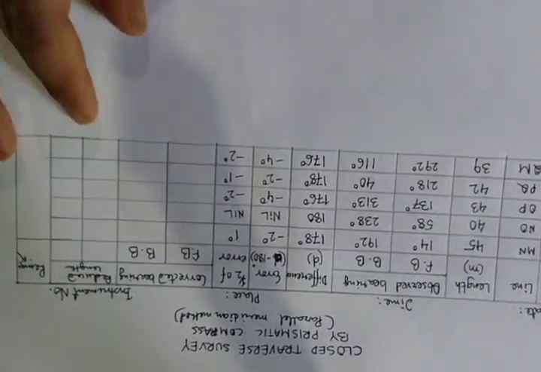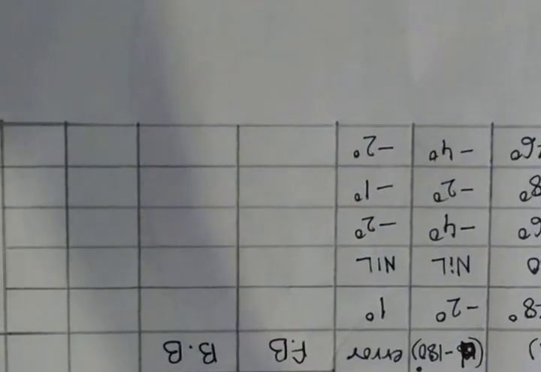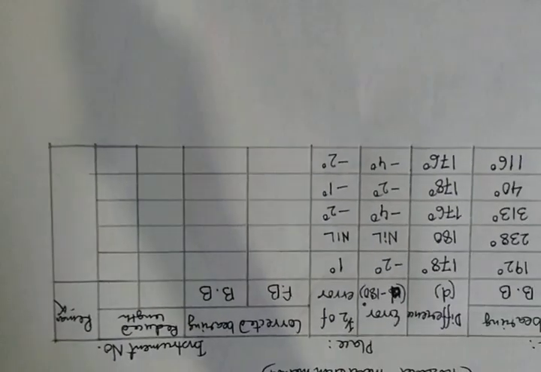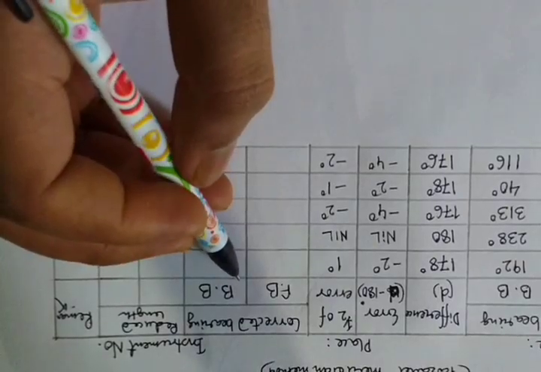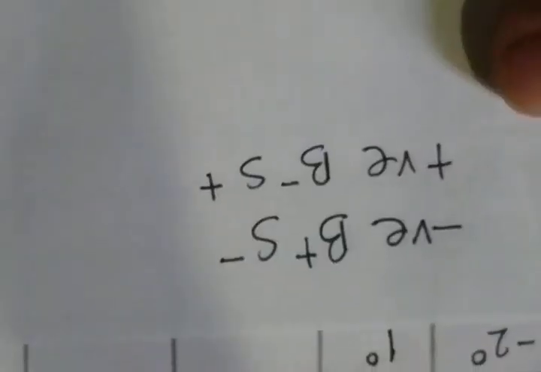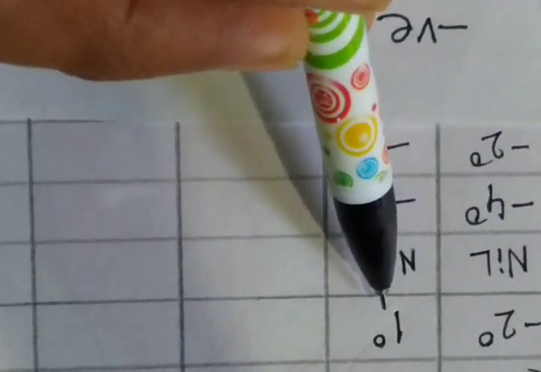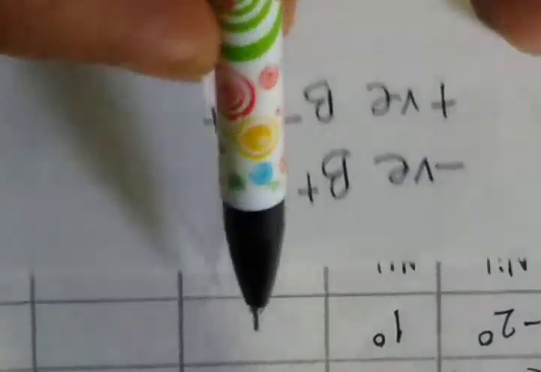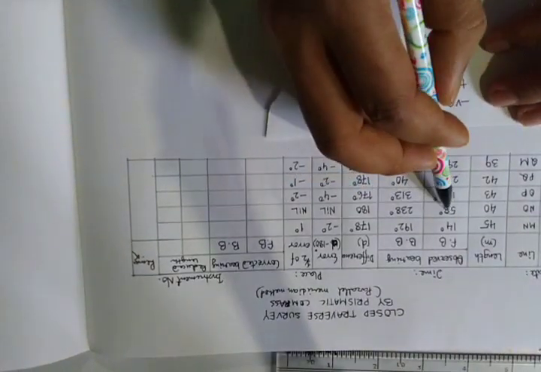After that we will find out the corrected forward bearing as well as the corrected back bearing. Here is the rule to find out the corrected forward bearing and back bearing. If the half of the error is a negative value, then this half of the error will be added with the bigger one. Which one is the bigger between forward bearing and back bearing?